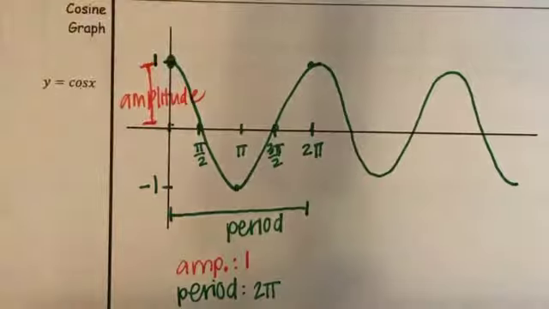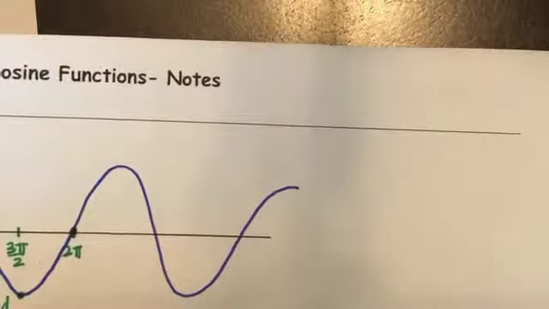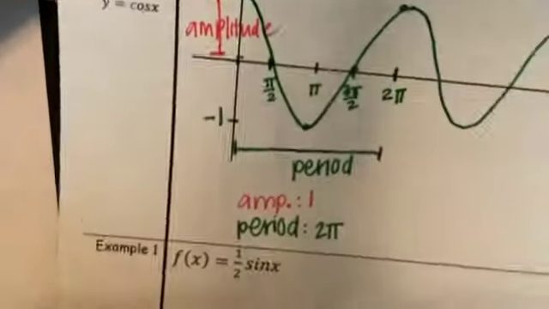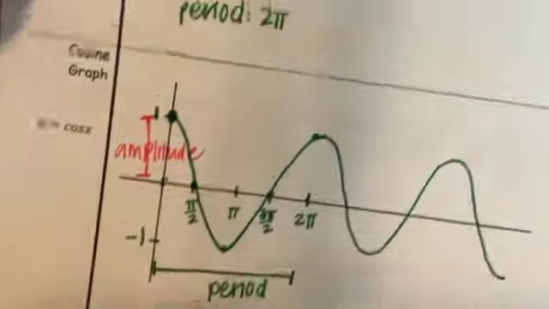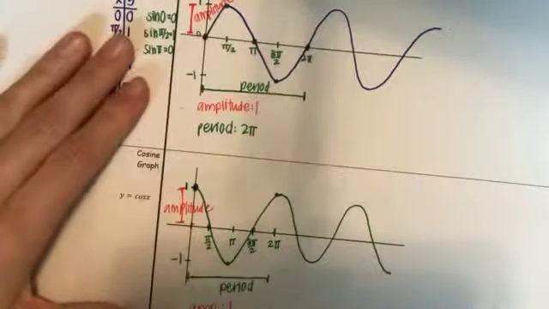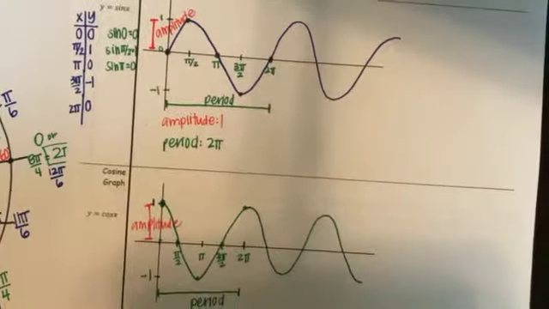So amplitude. Okay, so what I want you guys to understand is what exactly is going to happen when we have some transformations, because now we're going to have numbers out in front that are going to change these graphs. But if we just memorize the shapes of them, all the rest of it might come in time.